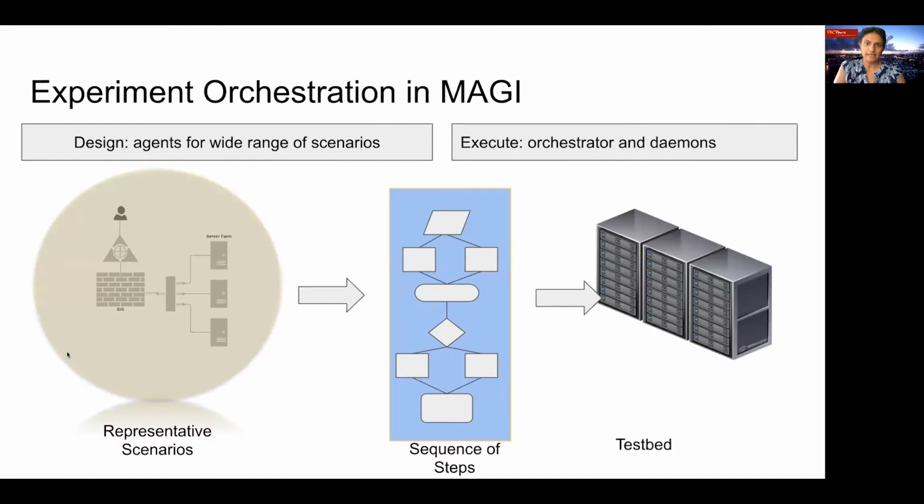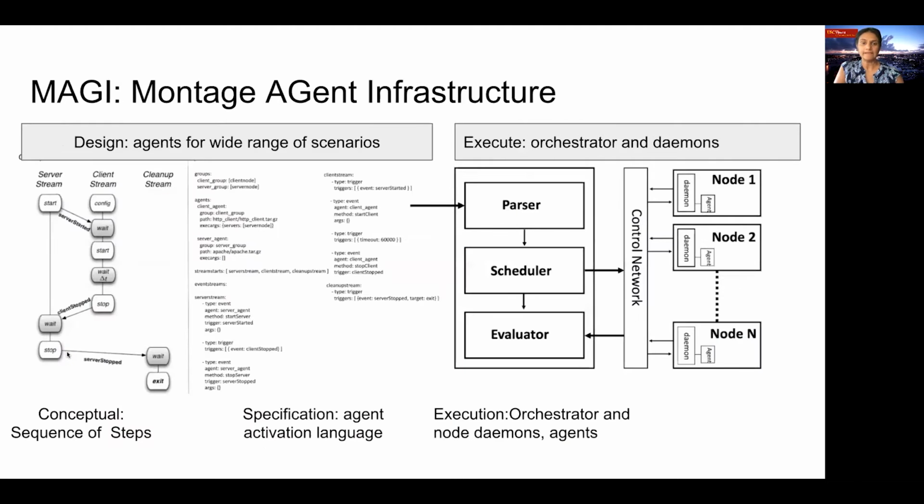In Magi, experimenters can design a wide range of scenarios using a library of traffic agents. These scenarios can then be executed on the testbed by an orchestrator and daemons. Next, I will discuss the key highlights of the Magi tool and how it supports orchestration. The design. Magi fundamentally has two parts: design and execution of the experiment.